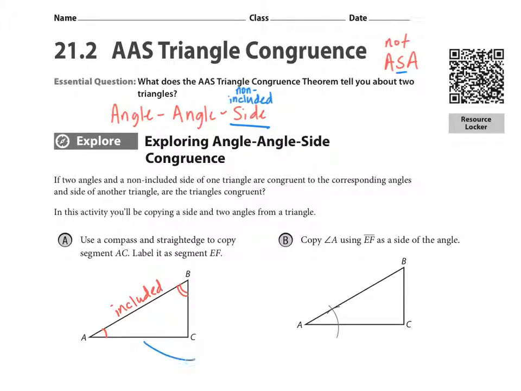Now these other 2 sides, AC and BC, both are the non-included sides. So what's nice about AAS is that we have 2 non-included sides we can choose from to apply this AAS theorem.